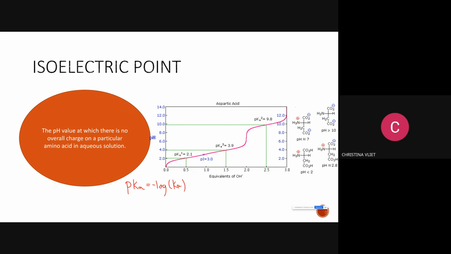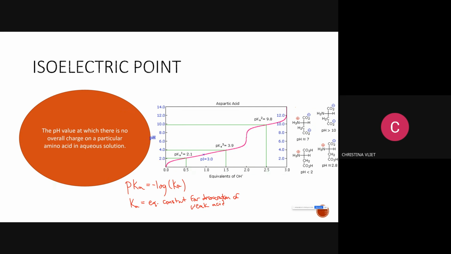What's the Ka? The equilibrium constant for the dissociation of a weak acid. That's a pitch perfect response.